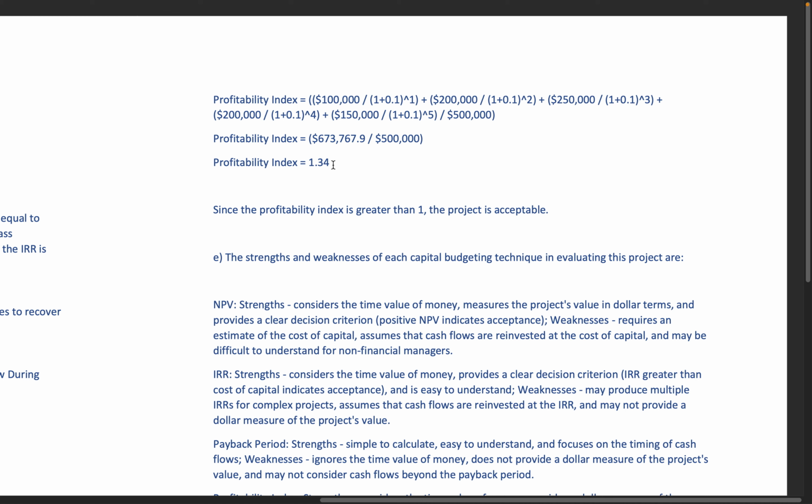Now, the problem with IRR is that when you have complex projects where cash flows are negative in some years, you will produce multiple IRRs. In other words, you can produce two different values for the IRR, and therefore it's very difficult to square that circle. So in that instance you maybe just don't use the IRR.